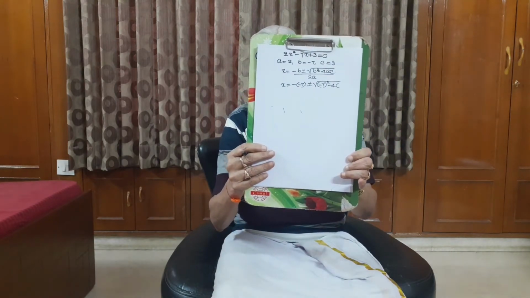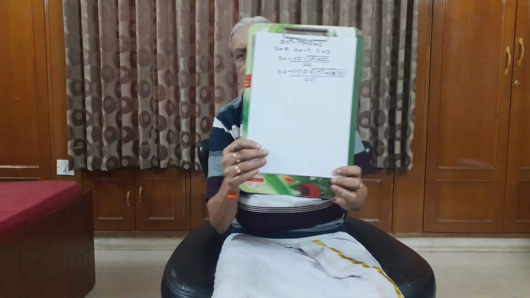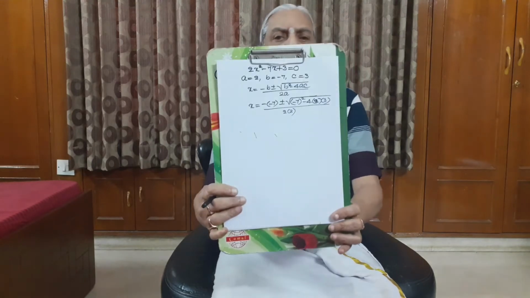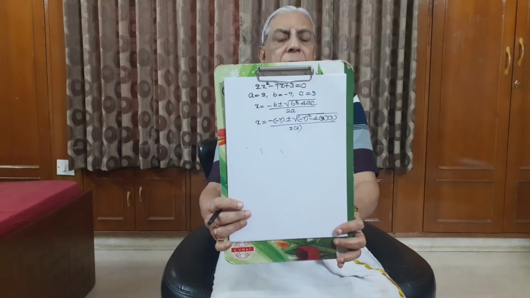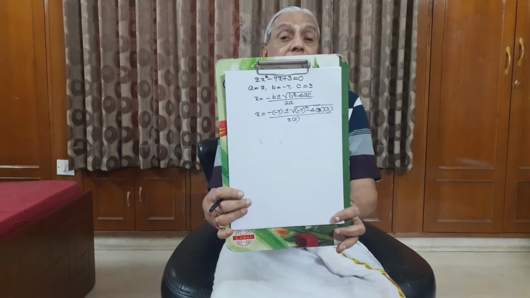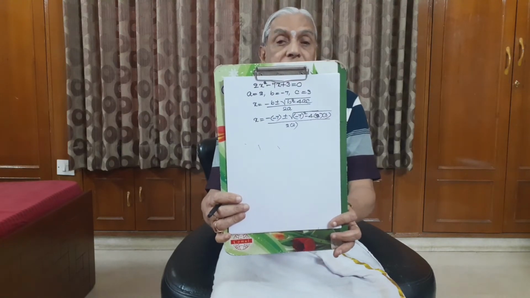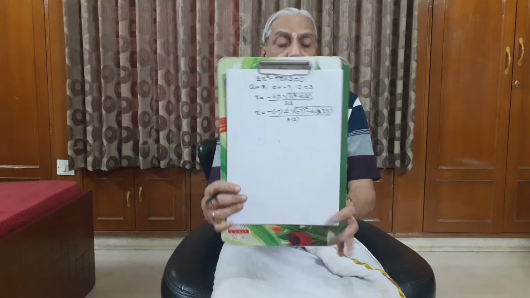The value of a is 2, the value of c is 3. Substitute. Minus 4ac means 4 into 2 into 3, then whole divided by 2a. 2a means 2 into 2. Please see that. I have substituted the values for a, b and c. The next thing is you have to simplify, that's all.